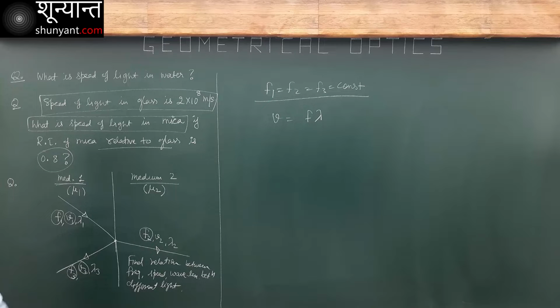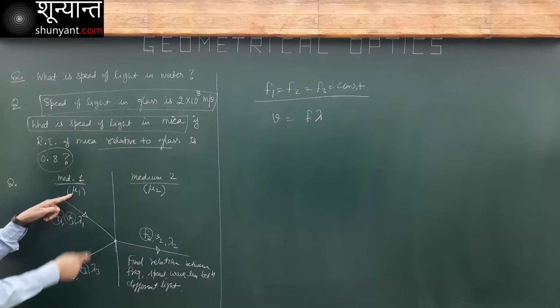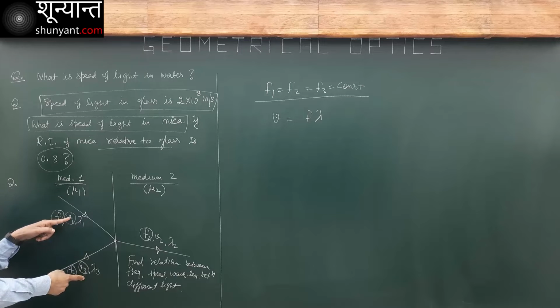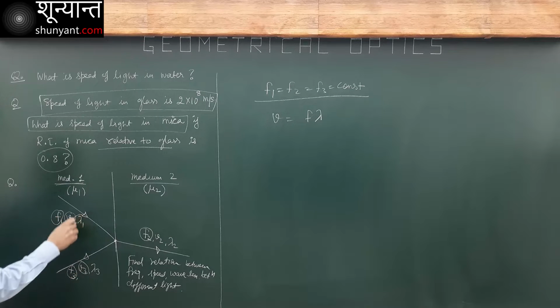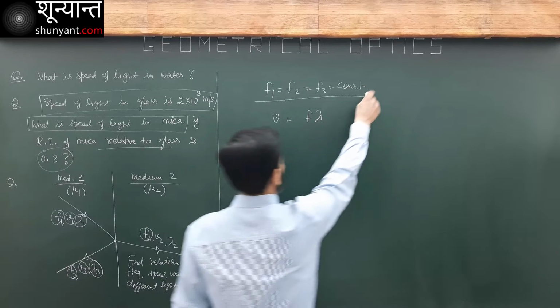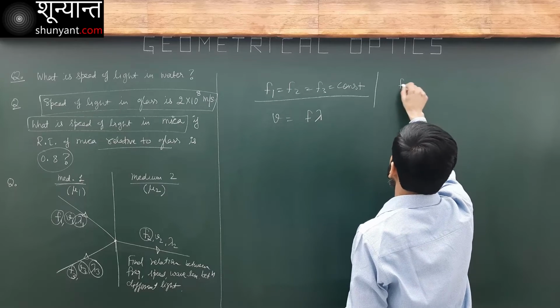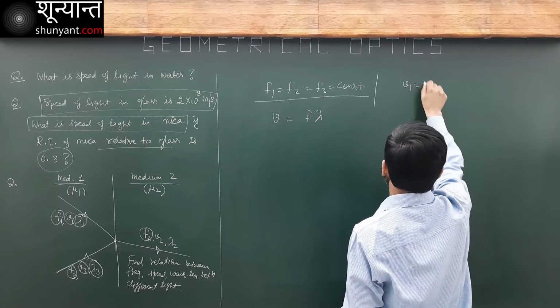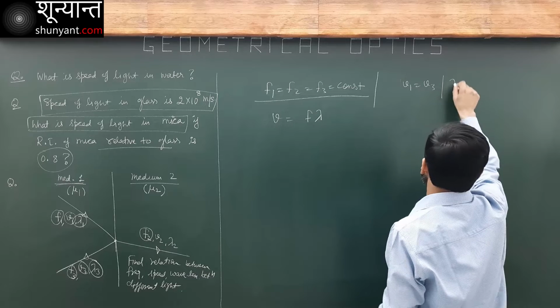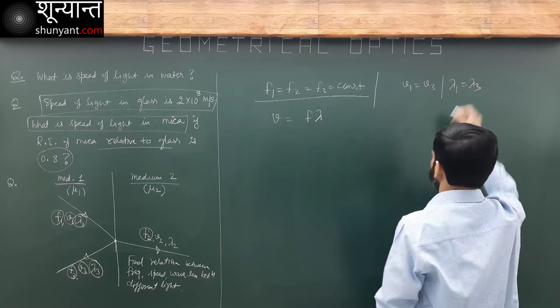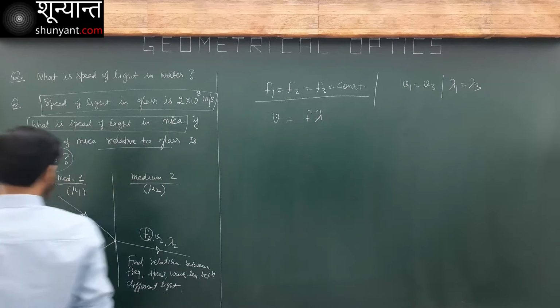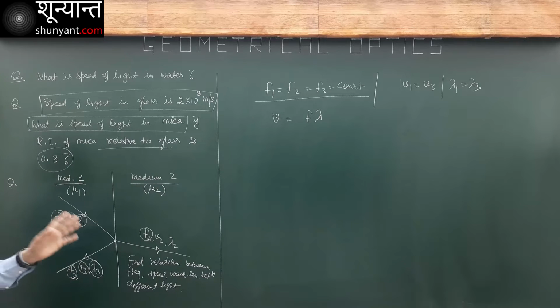If the medium is same, speed is same, frequency is same, so wavelength will also be the same. So this is one relation. The other one: V1 is equal to V3, lambda 1 is equal to lambda 3. Because it is the same medium, frequency, speed, wavelength, everything will be the same.